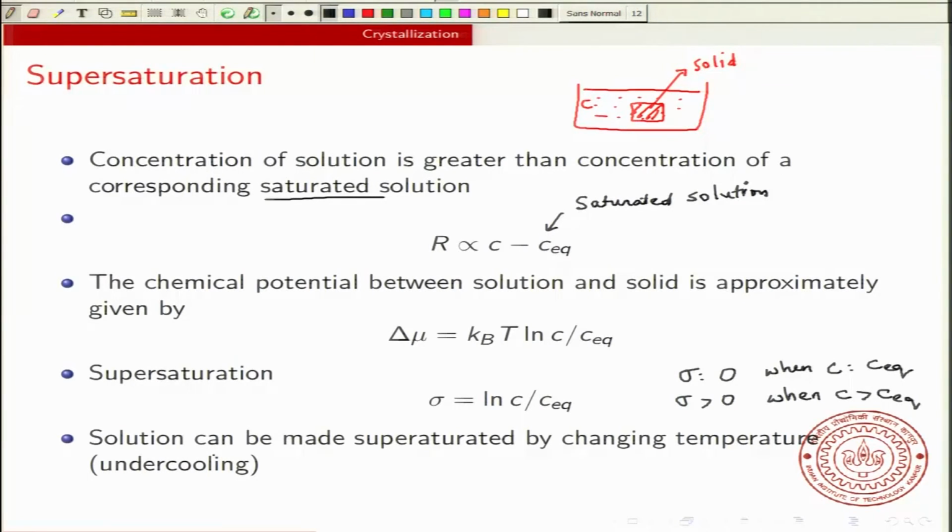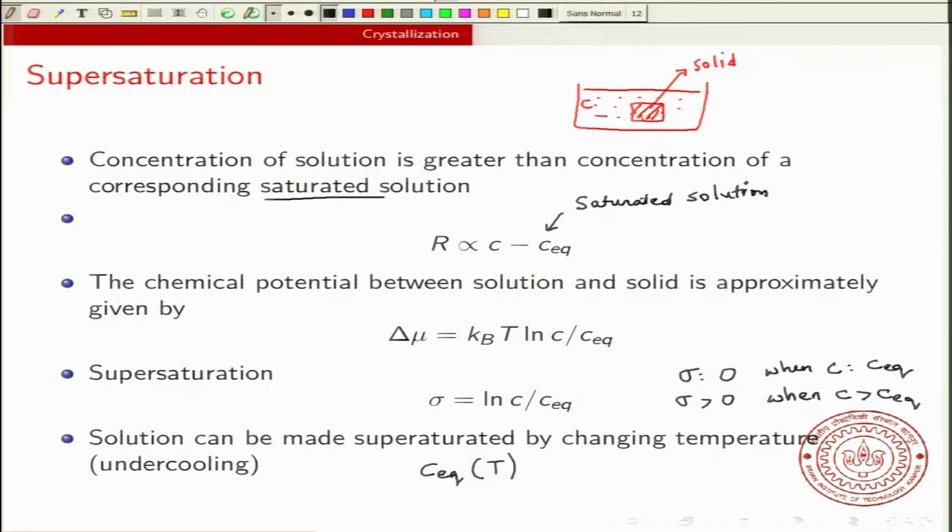When you cool it to a lower temperature, the concentration of your saturated solution actually becomes lower. So C equilibrium is a function of temperature. C equilibrium at higher temperatures is higher and at lower temperatures is lower, which makes sense, because at a higher temperature you can dissolve more material.